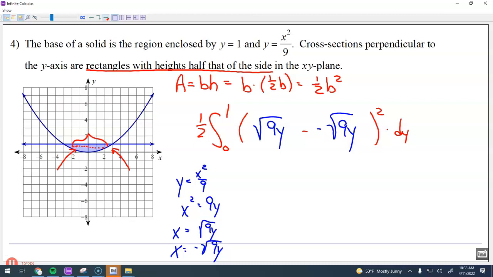Wait, what? What's up? I mean, think about that. The positive x value is on the right, right? Are you talking about the right and left, like which one goes where? Yeah. So it's always right minus left.